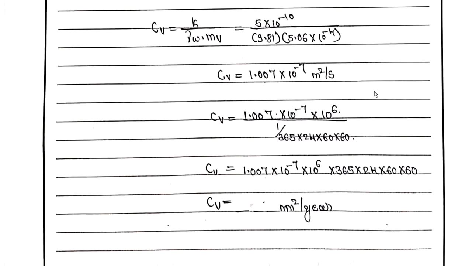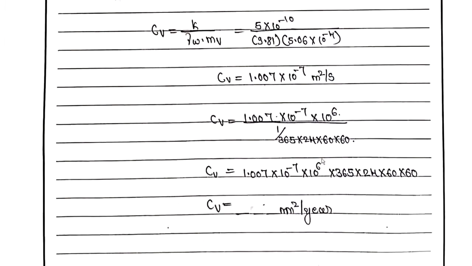Then I have to convert meter square to mm square, that is 1000 square, which is 10 to the power 6. So first I multiplied 10 to the power 6 to convert meter square to mm square, and to convert seconds to year I multiplied with this quantity. You can just calculate it.